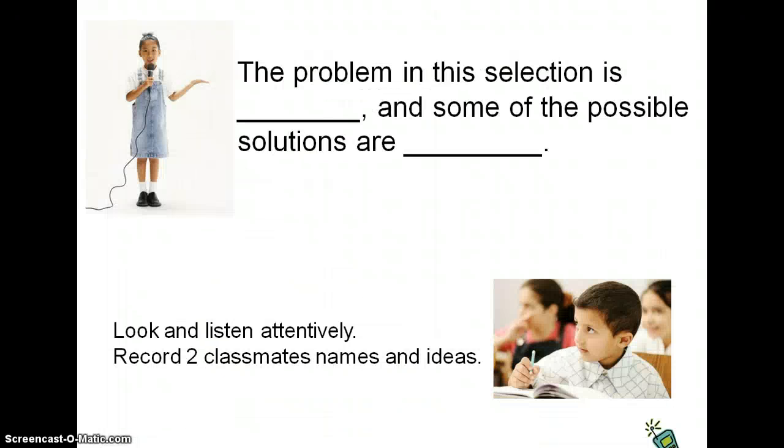So let's take a look at an example here. On my slide, I have a sentence starter, and the sentence is, the problem in this selection is blank, and some of the possible solutions are. And so what I would do is have the student who is going to be speaking, you see there's a little speaker here so they understand the speaker says this.